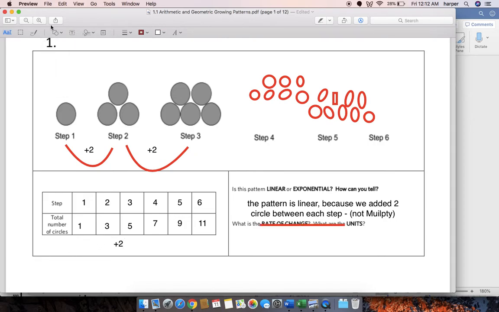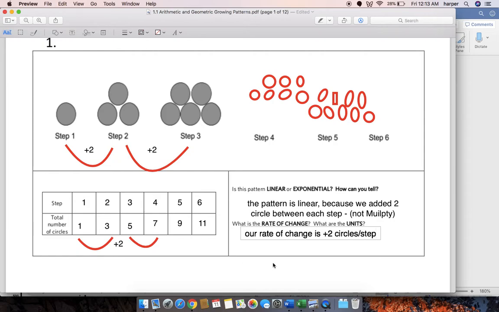Let's see how well I do it. Obviously, you guys are gonna look cleaner than mine, but we noticed that it was a plus 2 change. So our rate of change, because we're gonna use full sentences, is plus 2 circles per step.